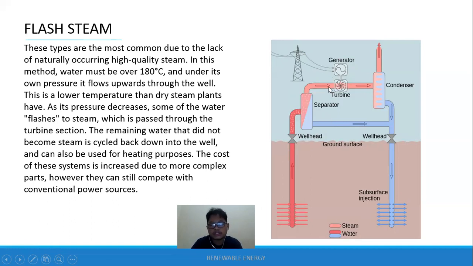The steam from the turbine will flow to the condenser and change to water. And in the separator, the water is directly connected with the water from the condenser and will be injected back to the inside of the earth.